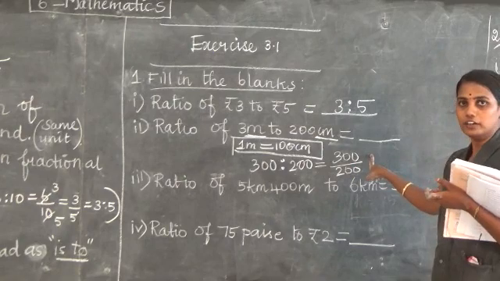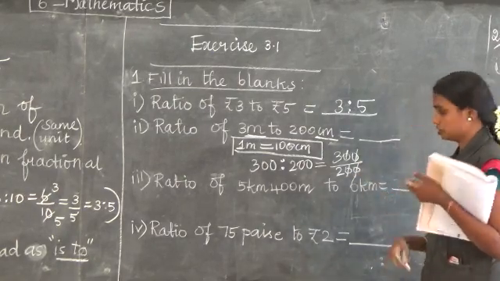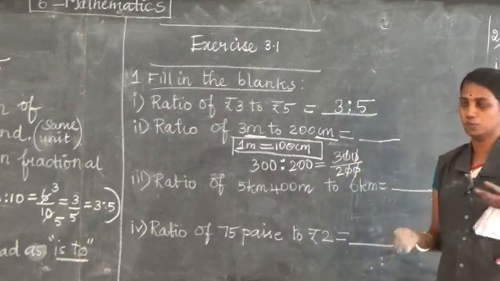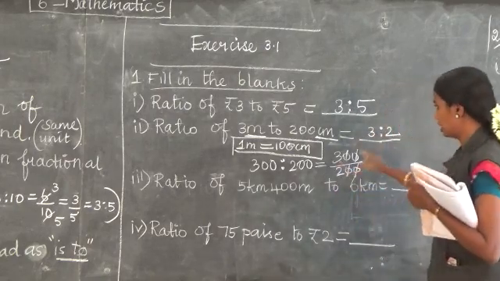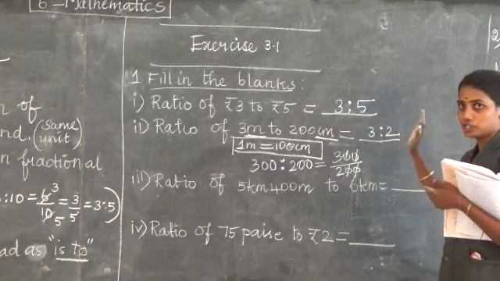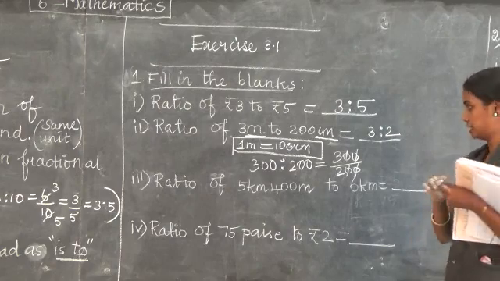So I am going for the fractional form. Clear? I cancel the zeros. So 2 and 3, can you cancel by any table? No. So the answer is 3 is to 2. Numerator first, denominator second. Don't interchange that. It's very important. Numerator is the first term, denominator is the second term.